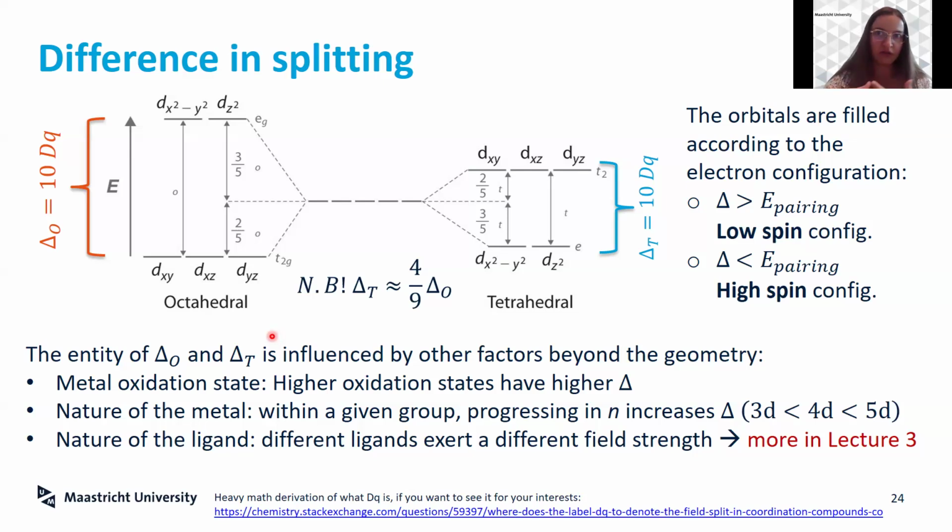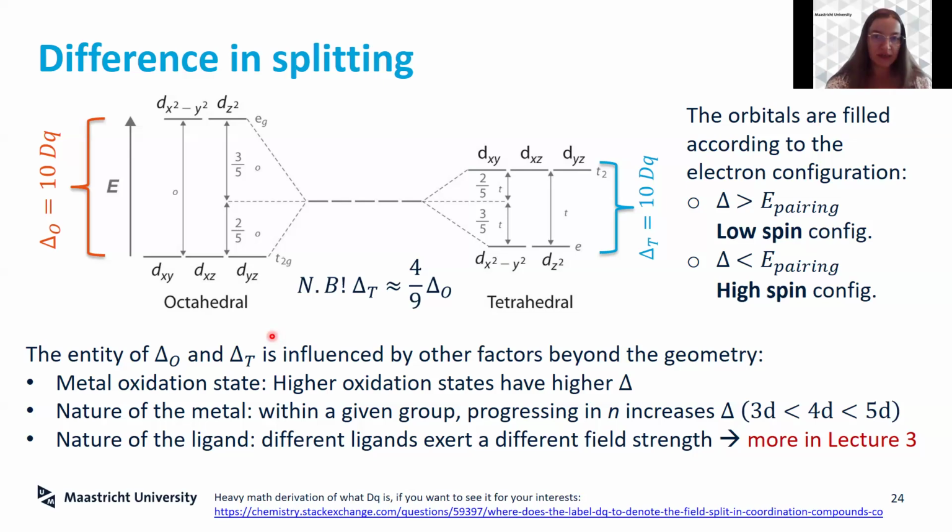Given the feature of the electron cloud, you need to remember that the group, as you progress in n, will affect the energies. So the nature of the metal will make this gap change. The gap of a 5d is going to be bigger than a 4d, which is going to be bigger than a 3d. This goes in a sequence of n.